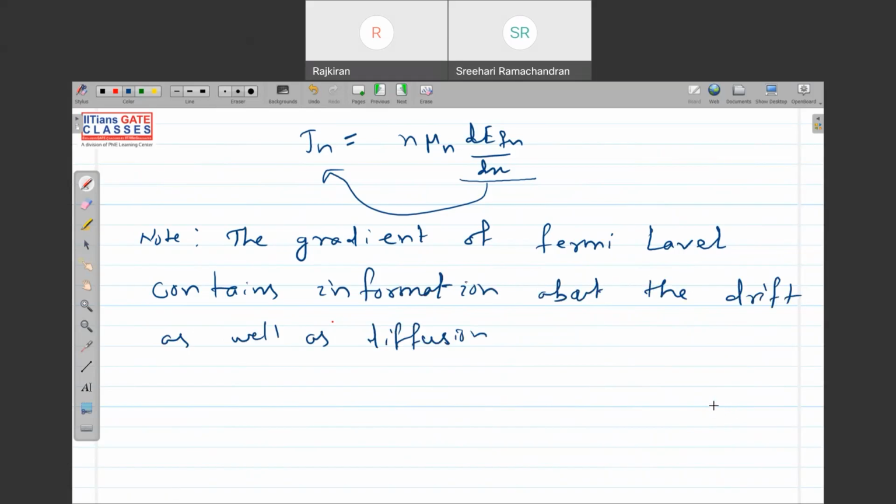Is this clear? Whenever there is a gradient in the Fermi level in the energy band diagram, there is definitely some current flowing through the device.